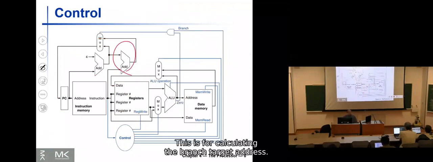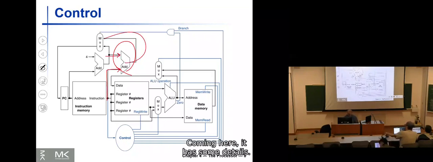This is for calculating the branch target address. To calculate the branch target address, we have to get PC plus 4 and then add it to the immediate offset value of the branch instruction. The immediate value comes from the instruction and is added to PC plus 4 coming here.